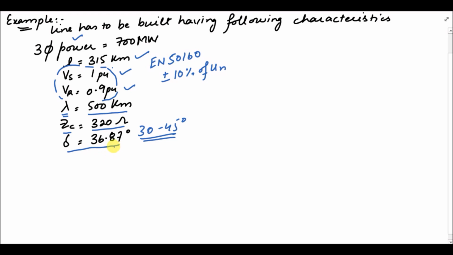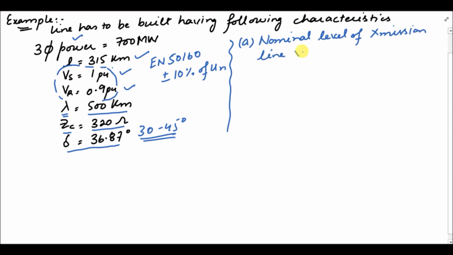Now we have to calculate the nominal level of transmission line voltage in the first part. And in the second part, we will have to calculate the theoretical maximum power that can be transmitted through this line, right?